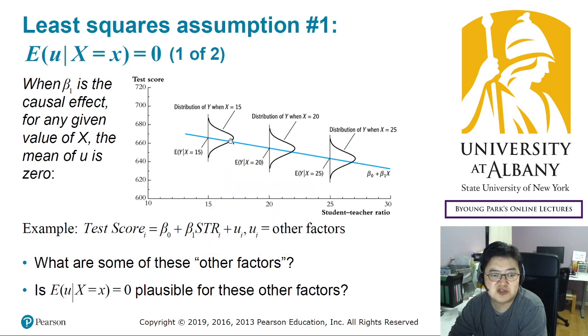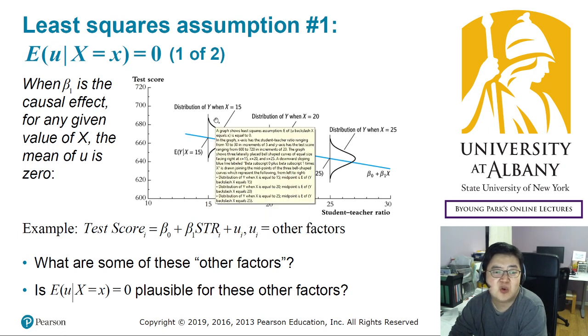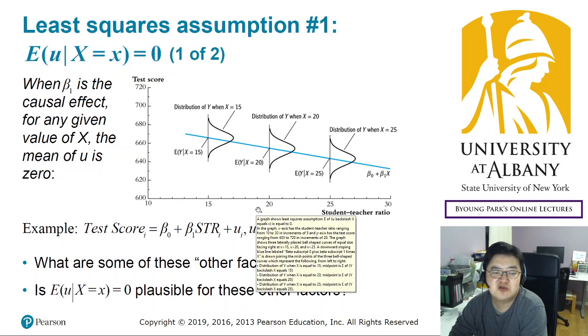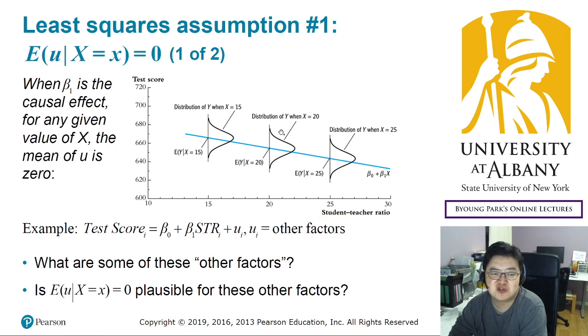This distribution is the distribution of school districts that have 15 students per teacher. The school districts are distributed this way, and those with 20 students per teacher have this distribution. The normal distribution is just assumed, you don't need a normal distribution.